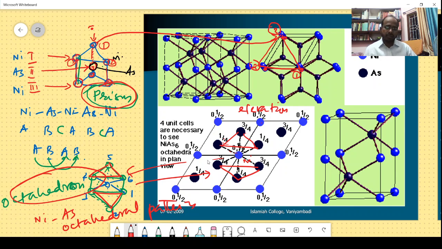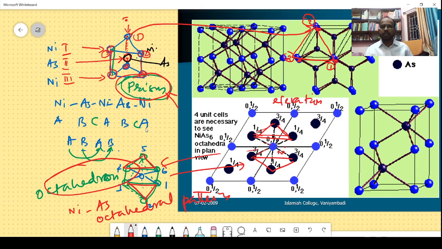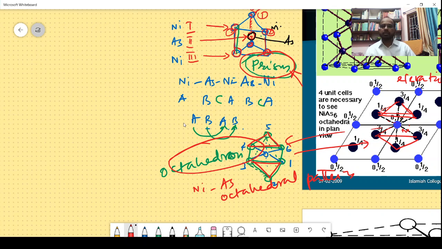There are some elements like gallium arsenide or some other elements in which you cannot have the arrangement like this. This and this may be a kind of similar arrangements, and therefore you can have a pattern which is close to prism. Okay, one good way how you can understand the octahedral pattern is, if I draw the octahedral, it will be having a face like this.